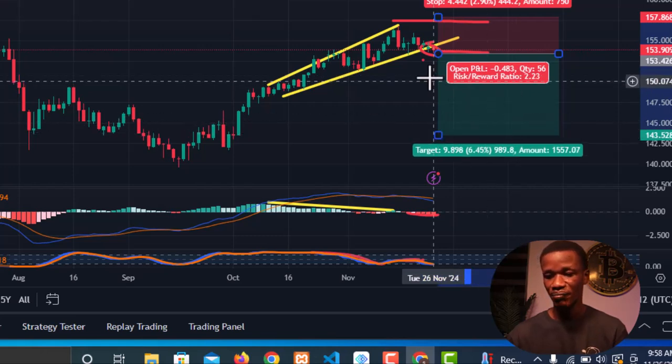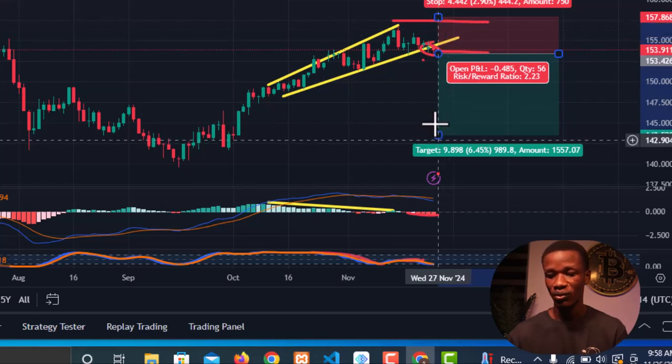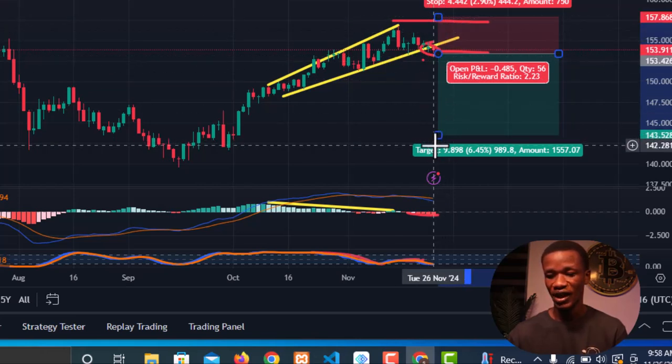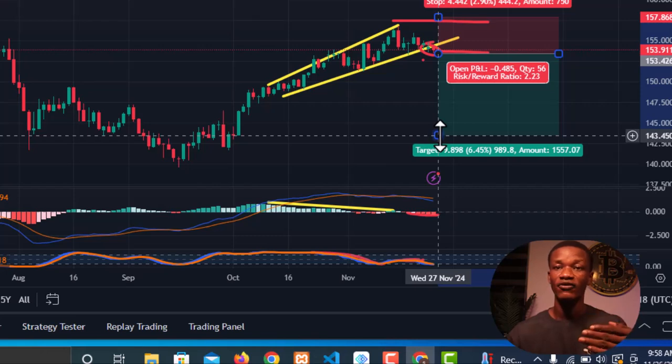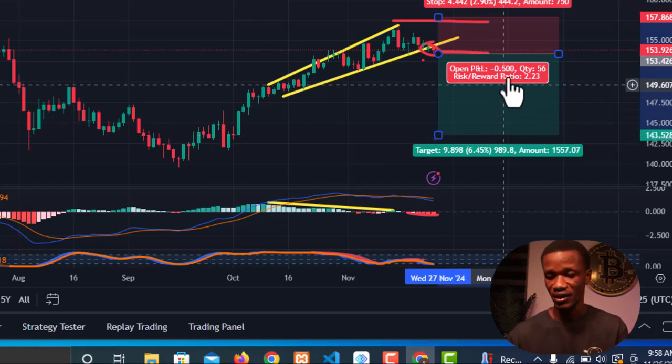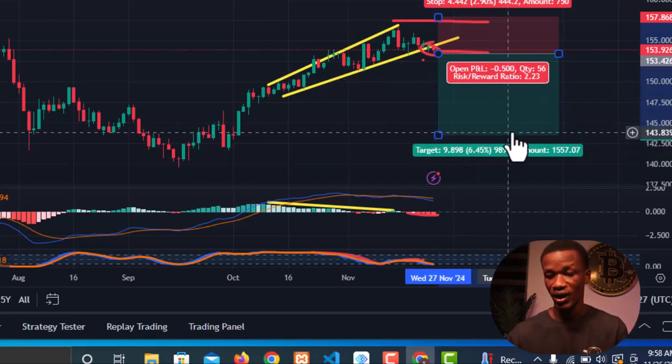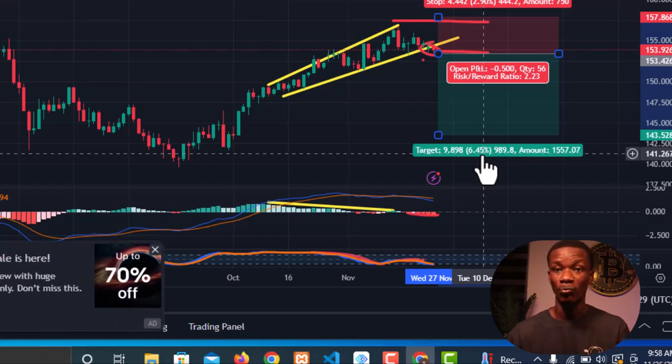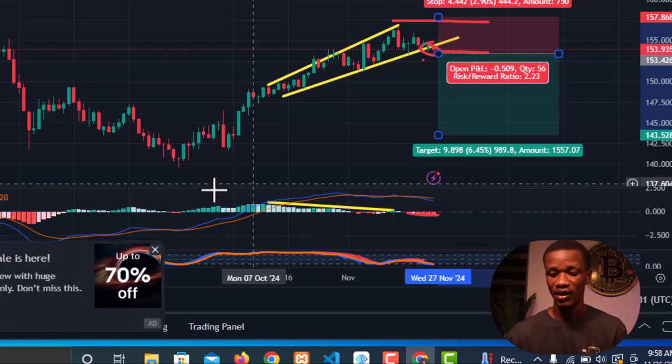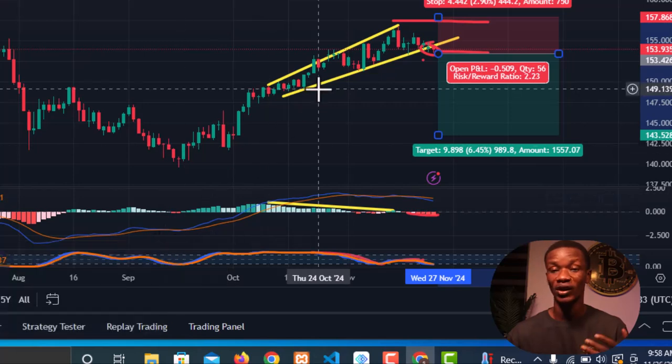So this is the perfect place my stop loss, my entry, and my target should be. Like I said, I used to prefer doing a 1 to 2 risk reward ratio. So you can see right here, the risk reward ratio right now is 1 to 2.23. So this is how you trade your divergence.